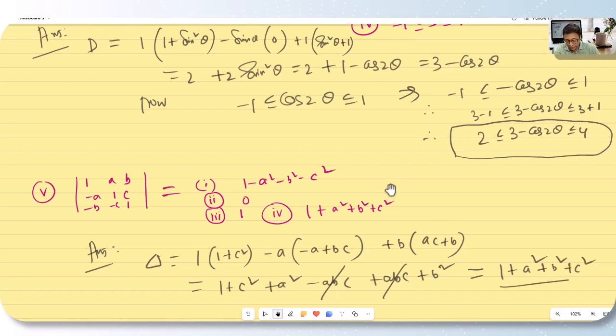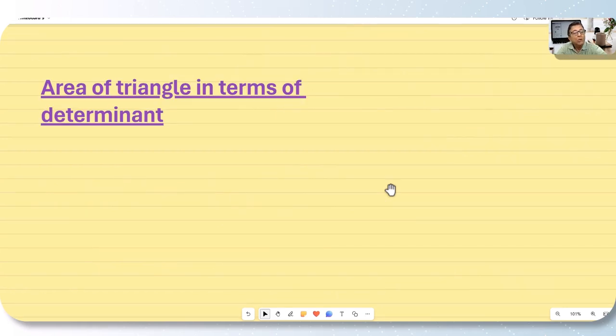Clear? No problem. We can express the area of a triangle formula by using determinant. Sometimes it helps a lot.